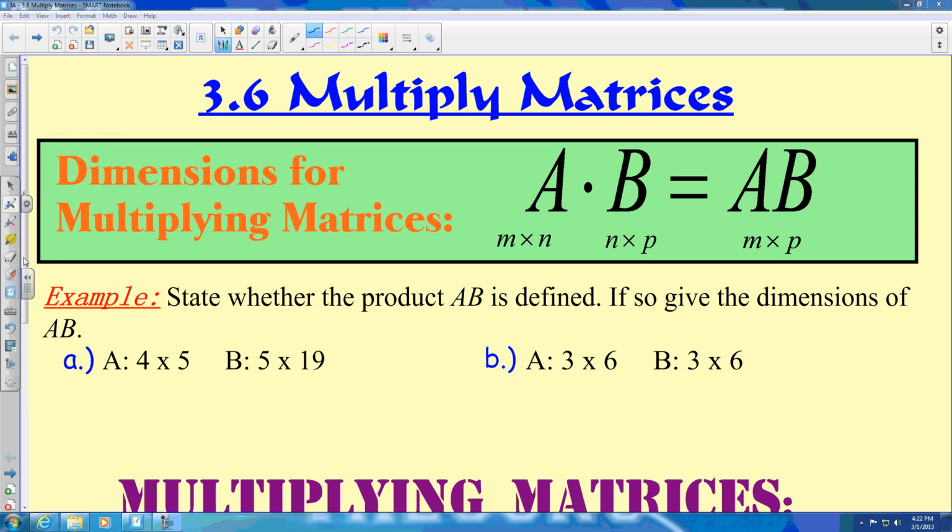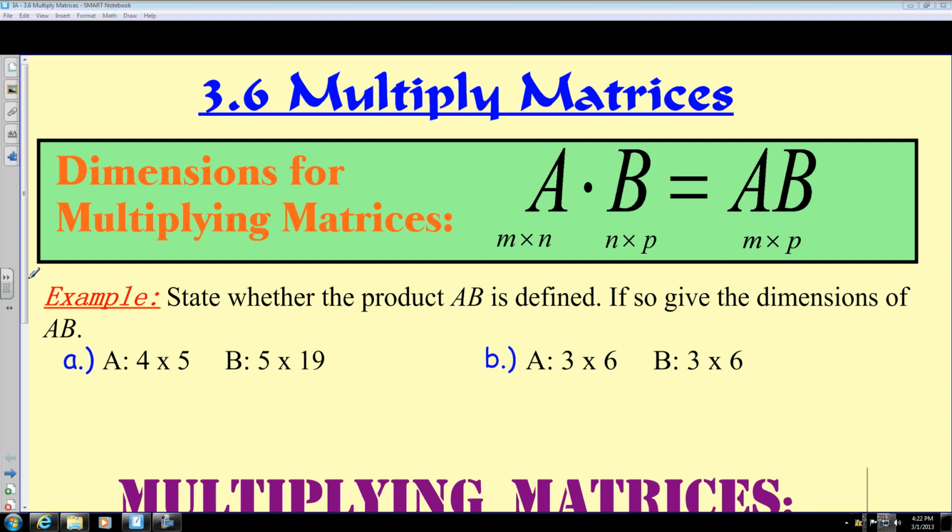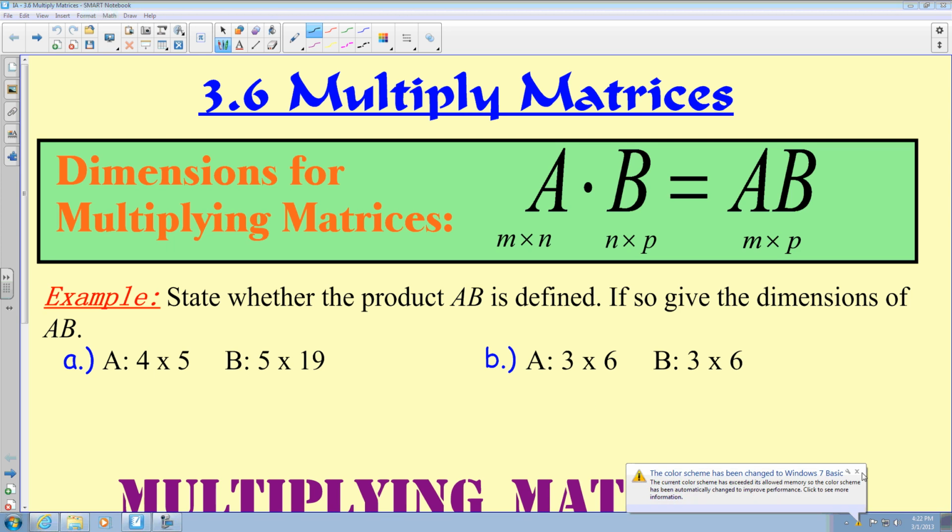Alright, so we are in section 3.6 where we are multiplying matrices. We talked about adding and subtracting matrices in section 3.5, and the rule was that if you were to add or subtract matrices, they would have to be the same dimensions.